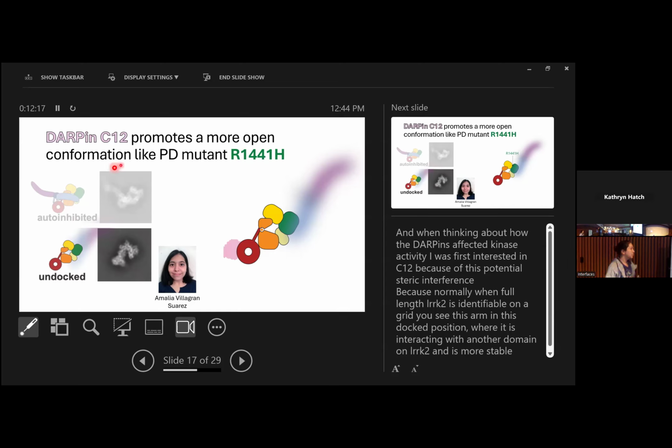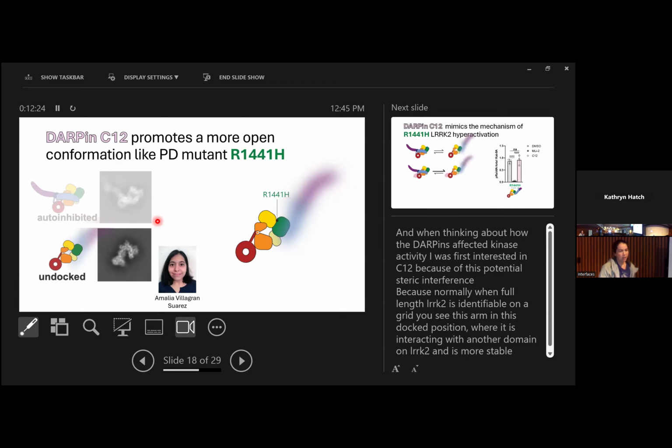And so you don't see this more stable version of LRRK2 with the arm draped across the kinase domain. You have an accessible kinase. And when Amalia put LRRK2 on a grid and did cryo-electron microscopy, she found that R1441H also had this preference for the more undocked behavior. She saw more undocked LRRK2 on her grids than she saw docked.